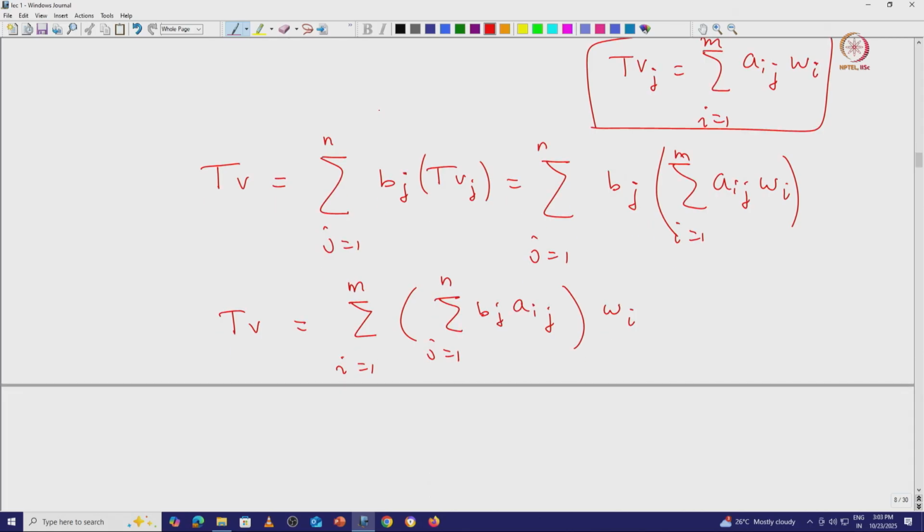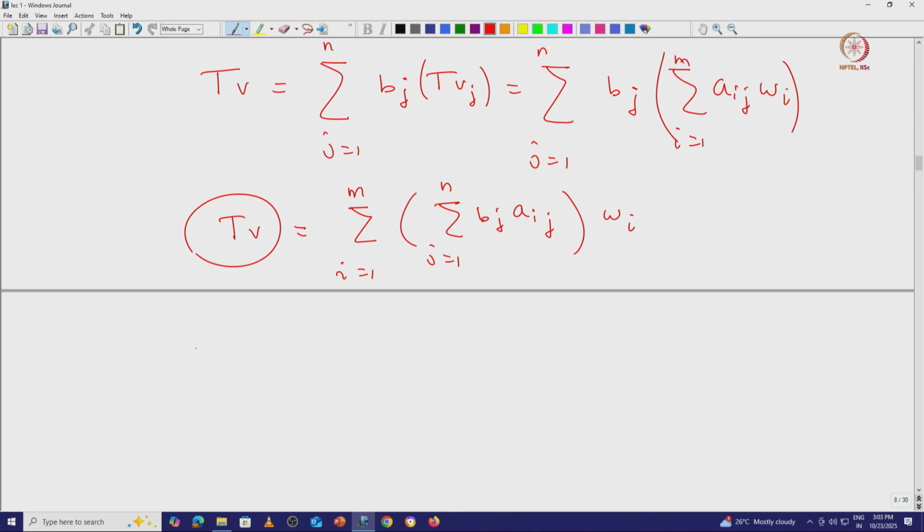So, the matrix of T with respect to the bases B, C plays a role in the coordinates of Tv. Let us understand what this coefficient represents. If we consider the matrix of T with respect to these bases, it looks like a11, a12 etcetera a1n, and the ith row will be ai1, ai2 etcetera ain.